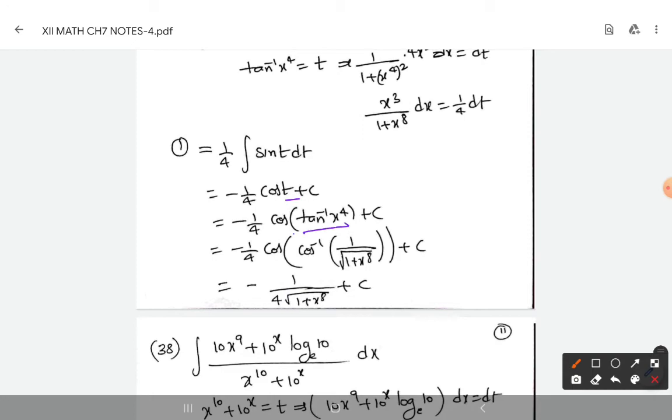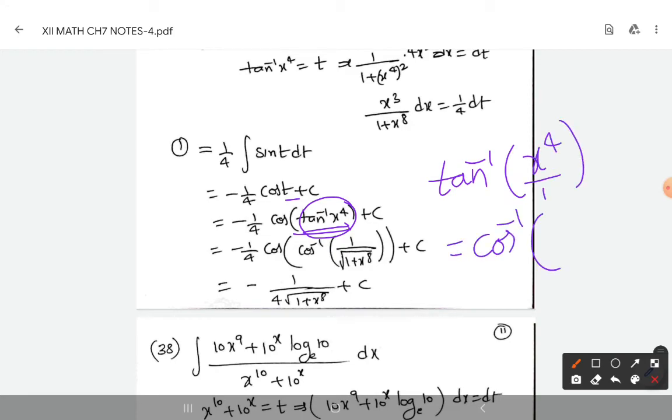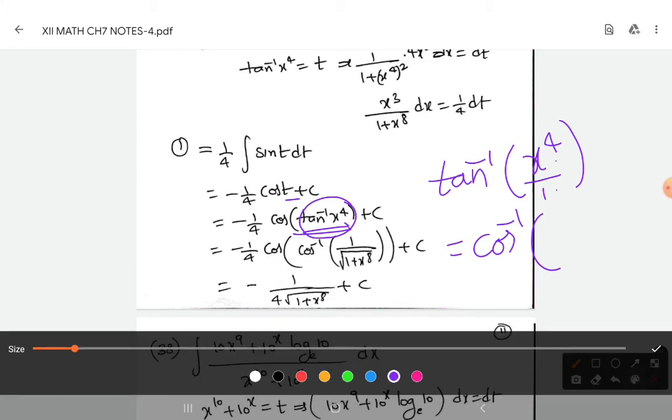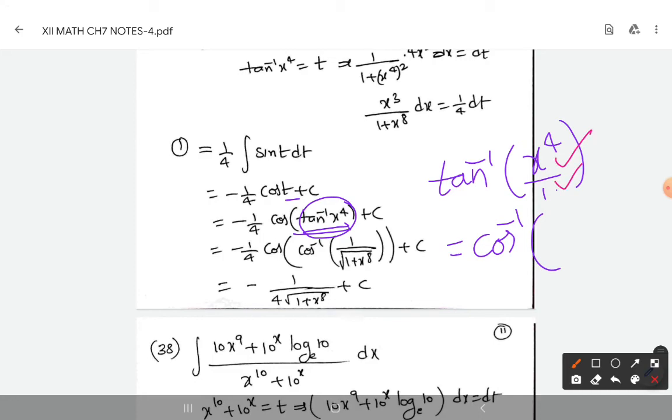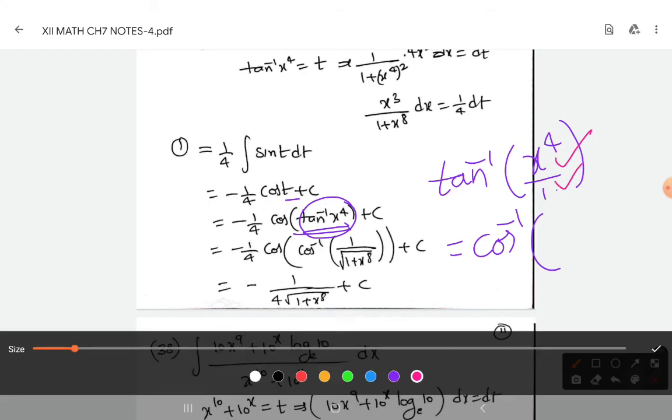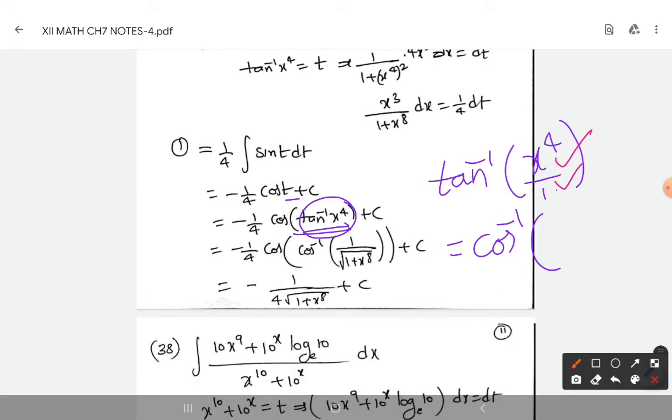Substitute that. t is what? Tan inverse x power 4. Using our inverse trigonometry knowledge, tan inverse x power 4, you can convert as cos inverse. Tan inverse means opposite by adjacent. Cos inverse means adjacent by hypotenuse. Adjacent is 1, hypotenuse is root over 1 plus x power 8.